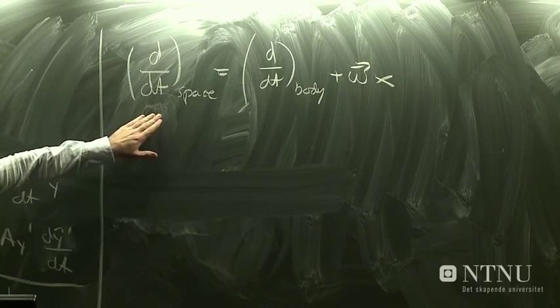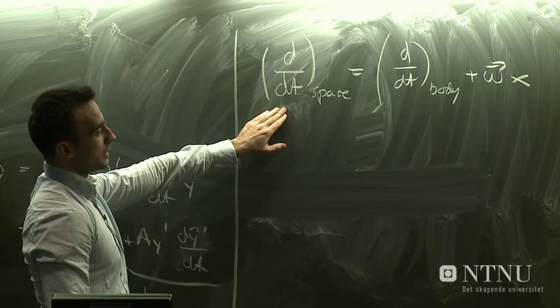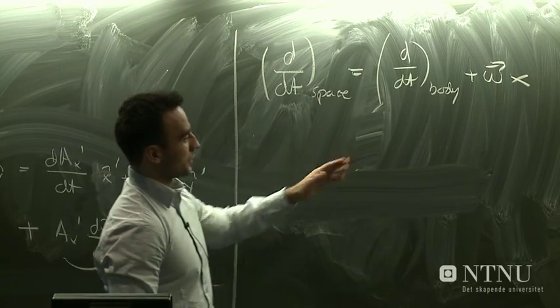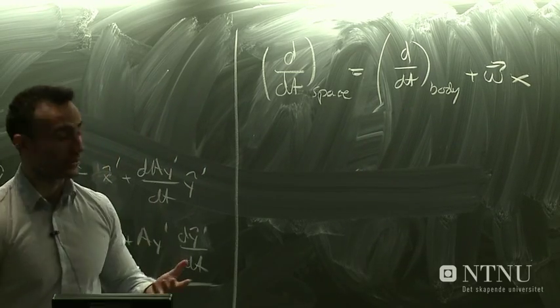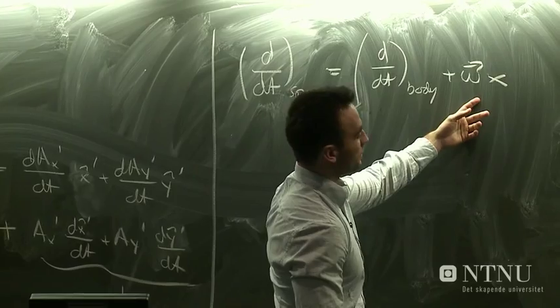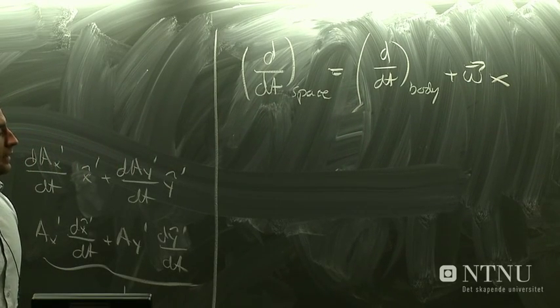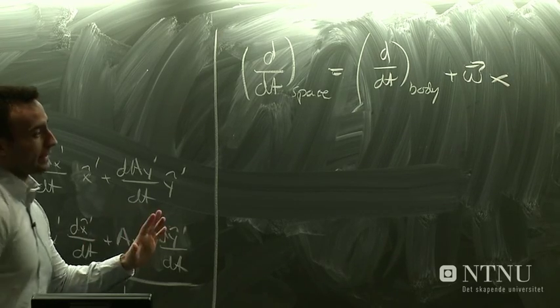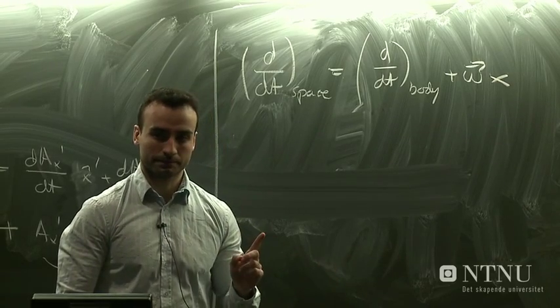And what this equation tells us is that to find the time derivative of some vector in the space or fixed system, we have to consider the time derivative as seen from the body system, the rotating system, plus this extra term. As a limiting case, we can see that this formula makes sense, because consider a vector which is fixed in the rotating system.